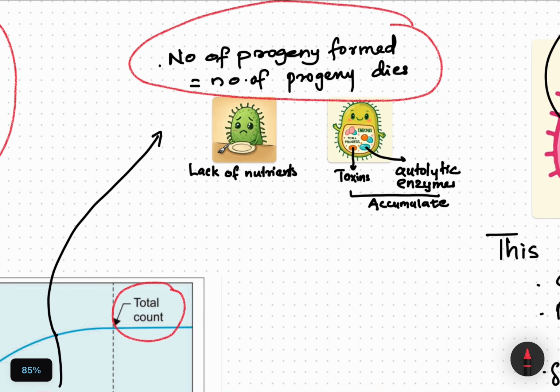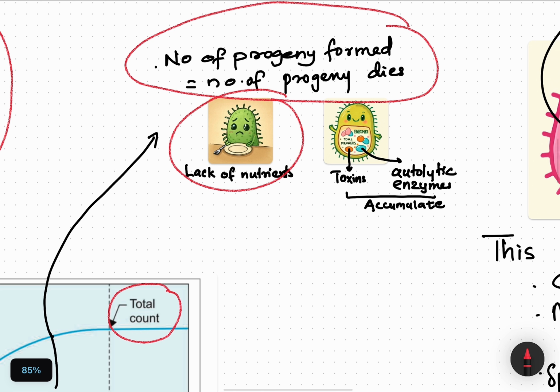See, our cute little bacterium has nothing to eat, so there is a lack of nutrients. Then inside him some toxins and autolytic enzymes are also accumulating. Toxins are very harmful to his body, and he is also making autolytic enzymes that will kill him. All of this accumulates and leads to the death of the bacteria.